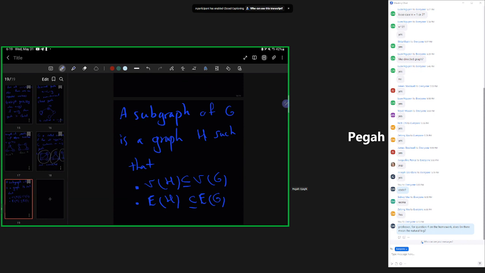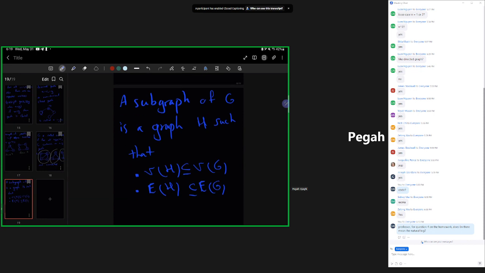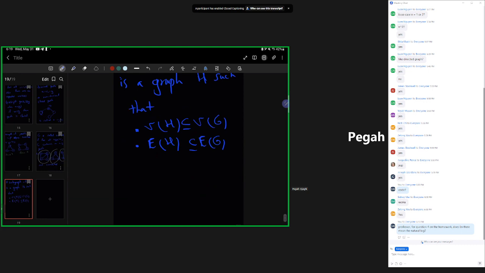Let's see, for example, what is a subgraph? We can note, for example, this is going to be a subgraph on vertices 1, 2, 5 from the whole graph. What does that mean?